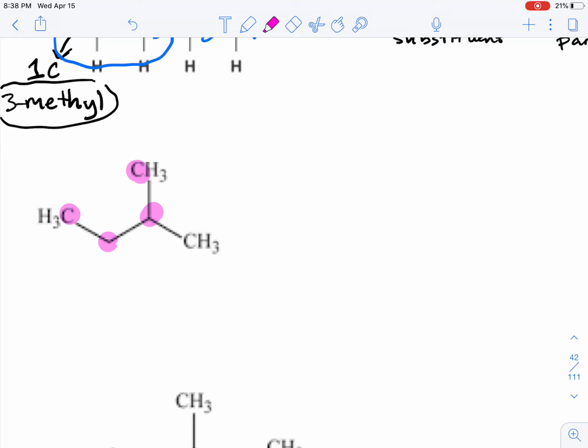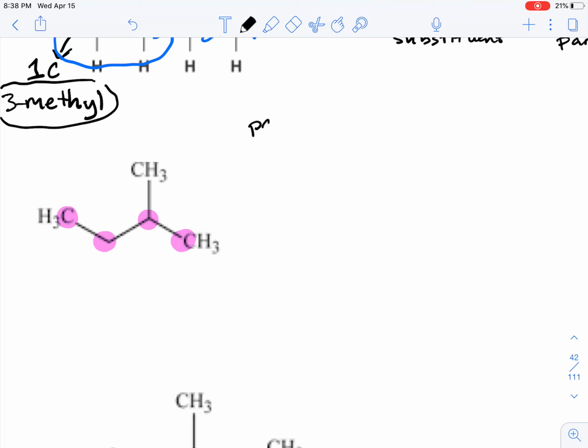So if I were to do this from left to right, 1, 2, 3, 4, it still gives me 4. So it doesn't matter at this point in time if you try out other combos. It looks like the largest consecutive carbon chain is going to be 4.